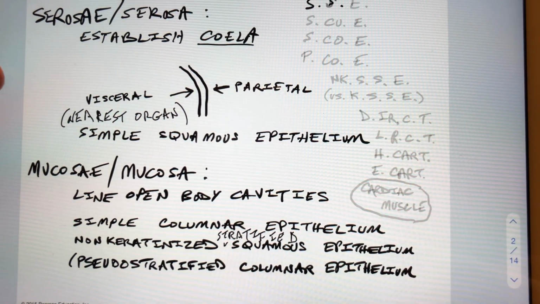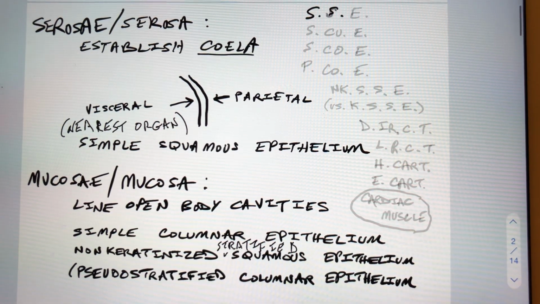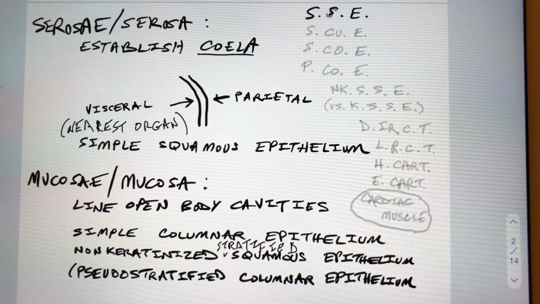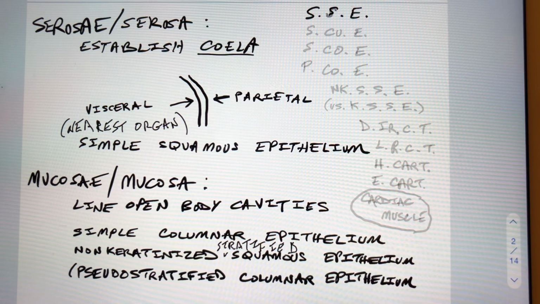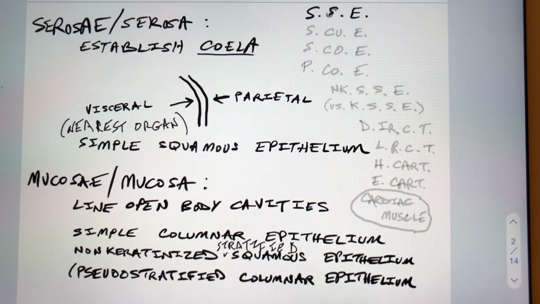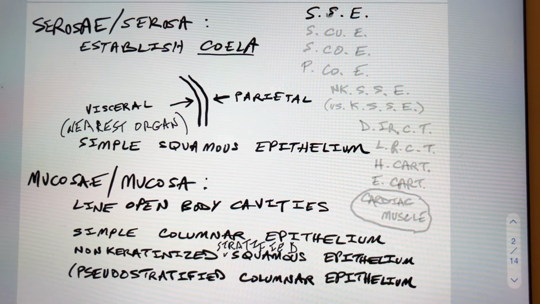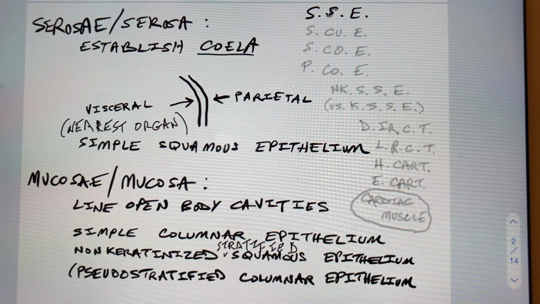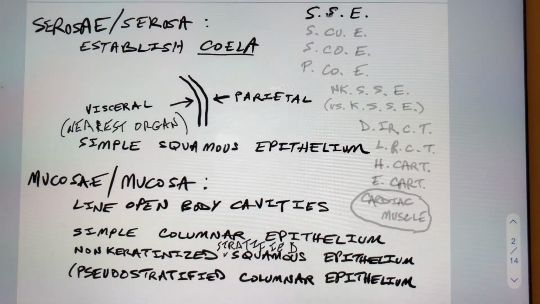We've got to know our simple squamous epithelium. And hopefully you already know that it's the thinnest stuff we've got. Okay? Certainly makes up serosae, but also is found elsewhere. So for instance, the alveoli of our lungs are comprised of simple squamous epithelium, at least primarily.